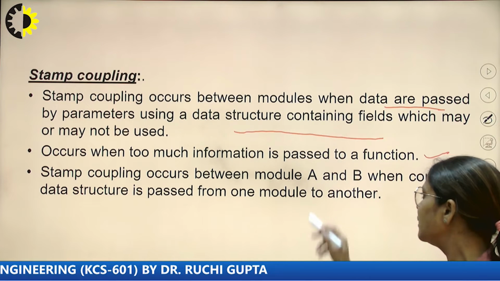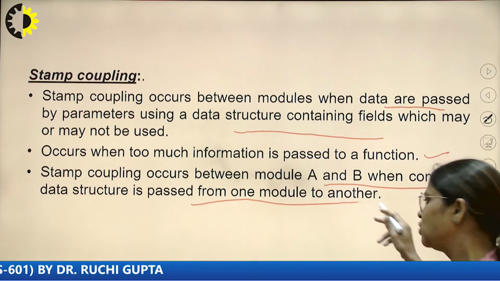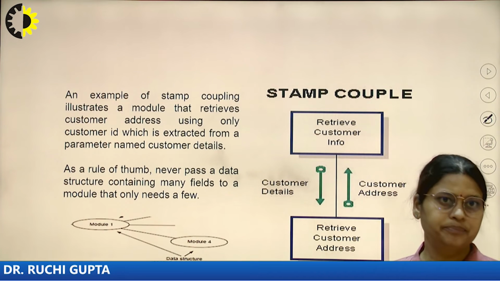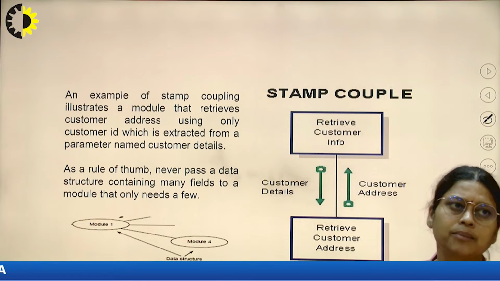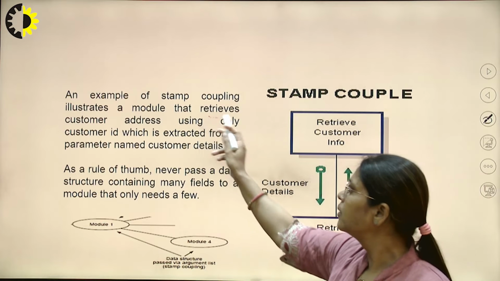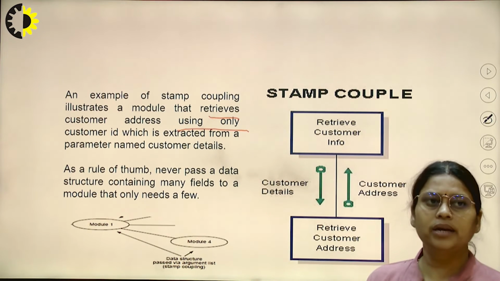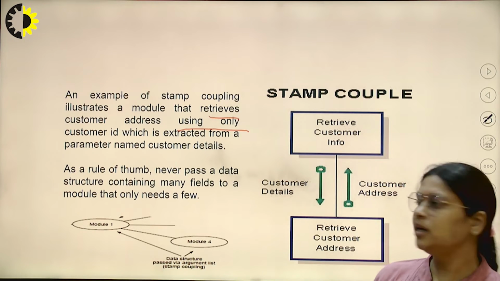Stamp coupling occurs between module A and B when a complete data structure is passed. For example, a module that retrieves a customer address using only the customer ID is instead passed a parameter containing the customer details.